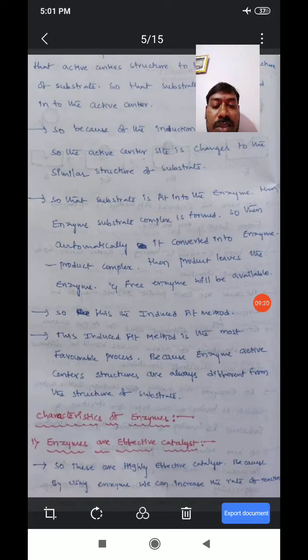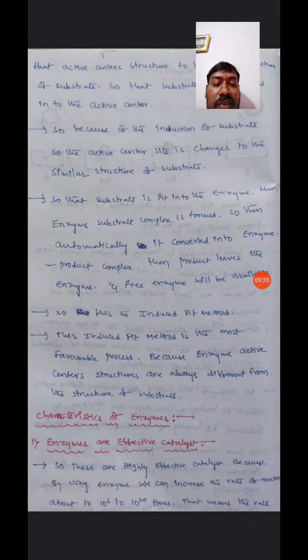Next, the characteristics of enzymes. First we are discussing that enzymes are effective catalysts.